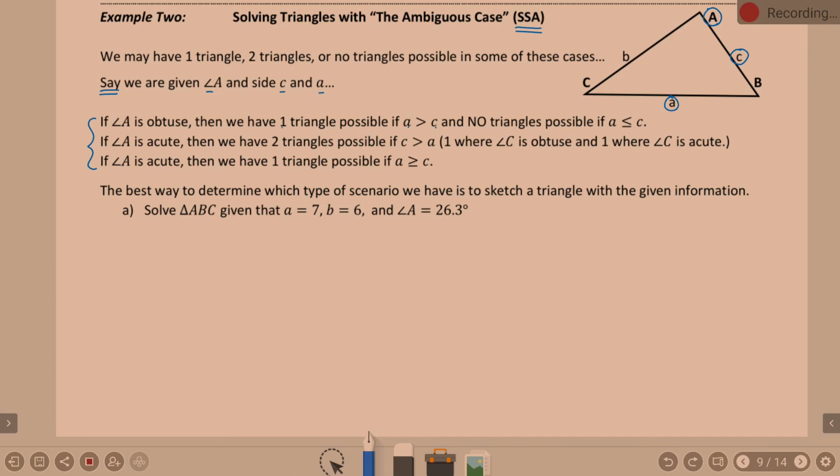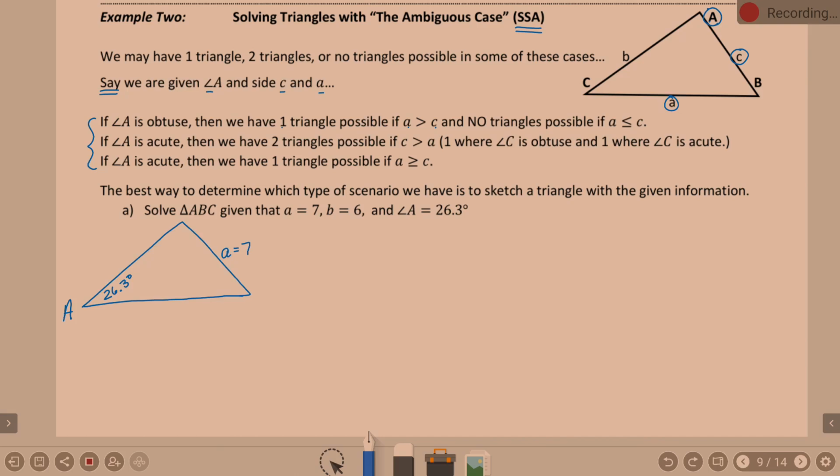Now, I'm going to draw a triangle that has a small angle A. There's not one right way to draw it. And I don't even know that I got that small enough, but that's my triangle right there. I'm going to put A on that left corner, and A is supposed to be 26.3 degrees. We know side A has to be across from it, and it has a length of 7.